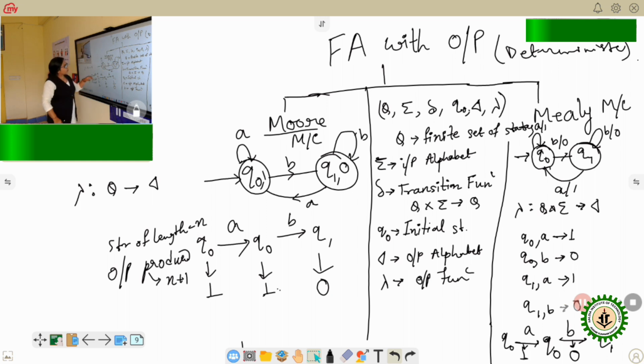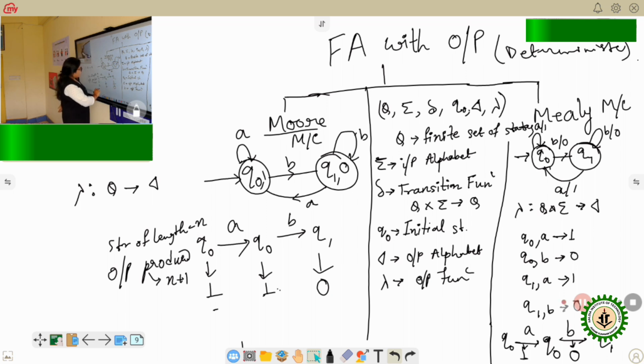Now we will see how it is happening here. If we consider a string AB, then from Q0 by input A, I can go to state Q1 and the output associated is 1. From Q1 by input B, I can go to state Q1 again and the output associated is 0.